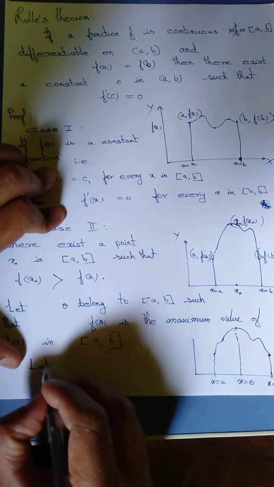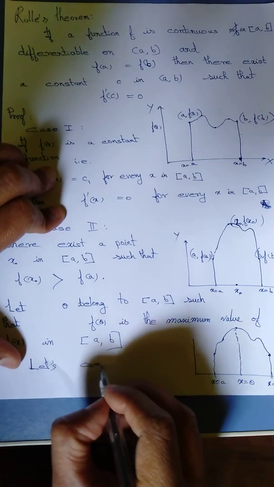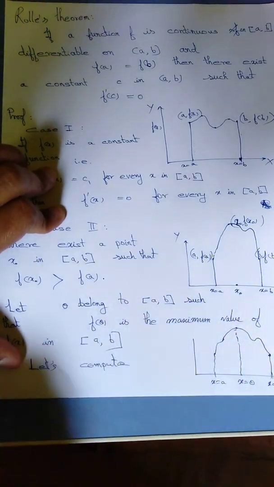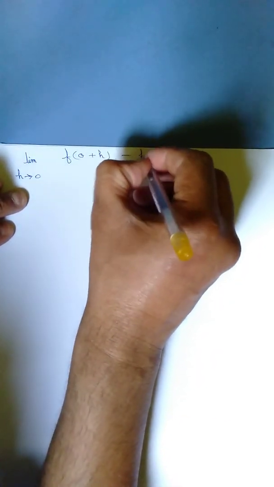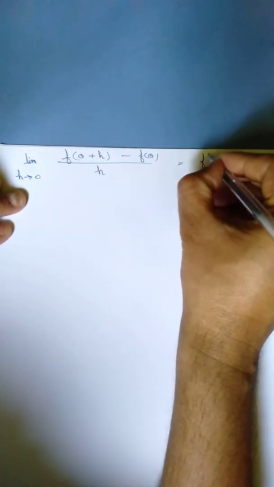So rather, let's compute now that's the limit as h tends to 0 of f of theta plus h minus f theta by h. That is precisely f dash theta.